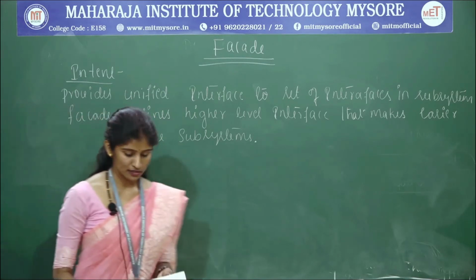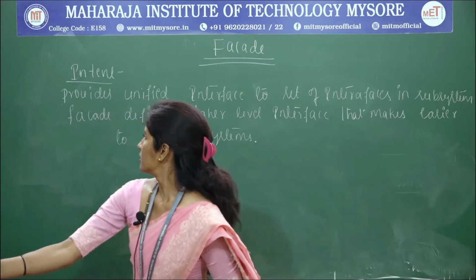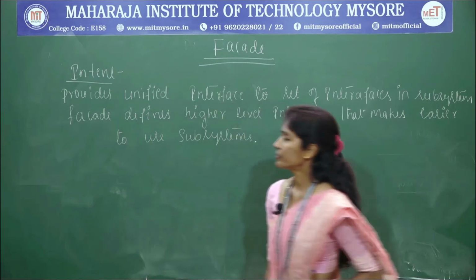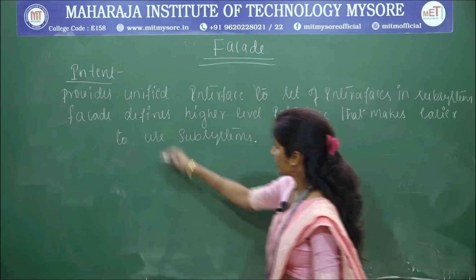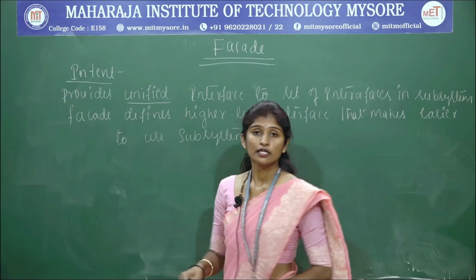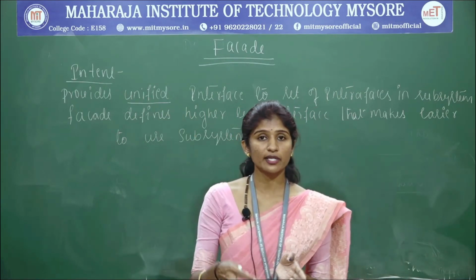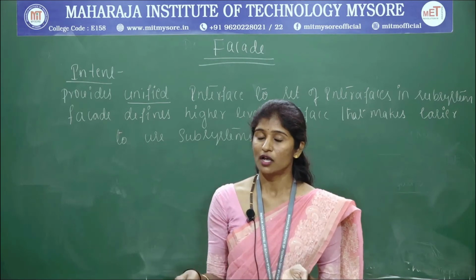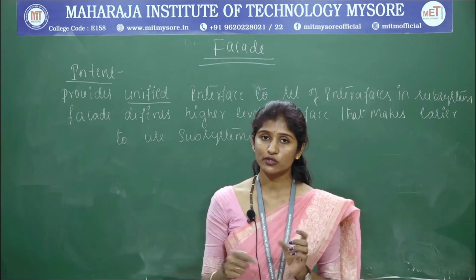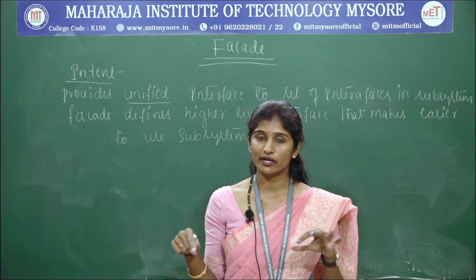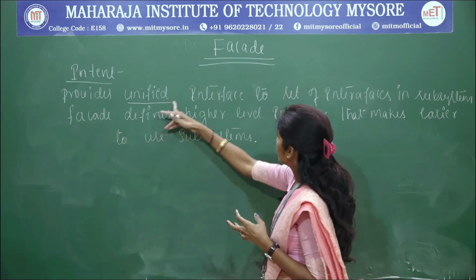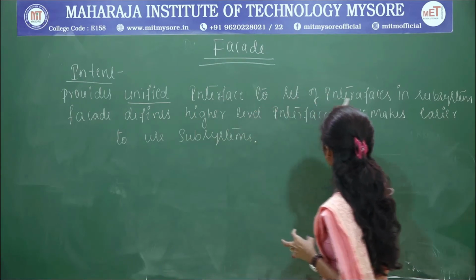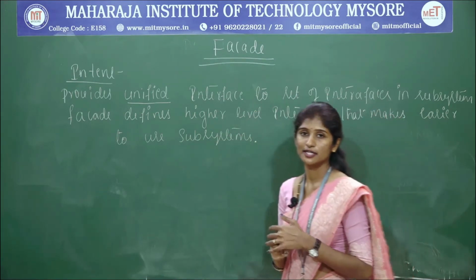So we'll see this intent section. It is going to provide an interface, which is a unified interface. Unified means it contains branches, so for those branches it is going to provide one unified, meaning uniform, interface. A unified interface to a set of interfaces in a subsystem.